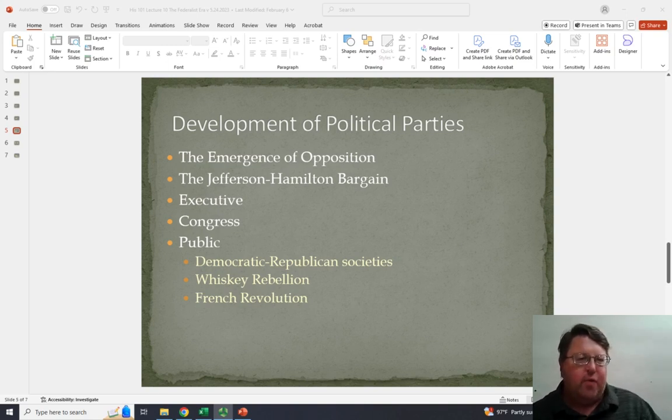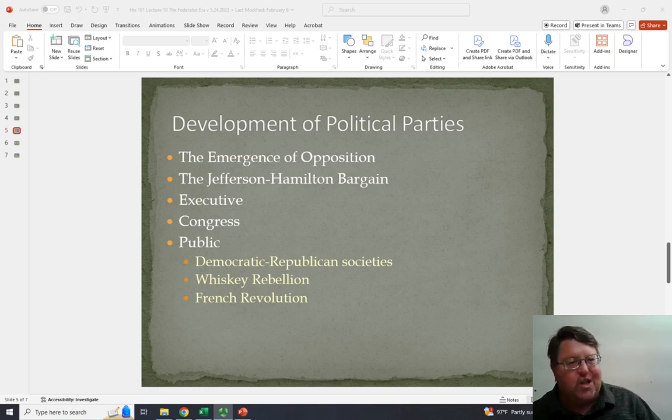You know, if you remember, electors are picked by state legislatures. U.S. senators at the time are picked by state legislatures. So these Democratic Republican societies would support candidates that like Jefferson, or like Jefferson's policies.